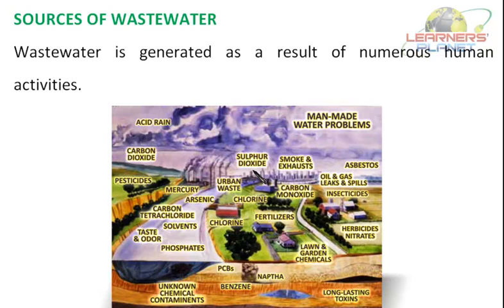There are some sources of wastewater and they all combine to generate such types of pollutants, like fertilizers, lawn and garden chemicals, herbicides, nitrates, carbon monoxide, insecticides, oil and gas leaks and spills, asbestos, smoke and exhausts, then sulfur dioxide, carbon dioxide, acid rain, pesticides, mercury, arsenic, solvents, taste and odor, phosphates, many unknown chemical contaminants, then carbon tetrachloride, chlorine, urban waste.